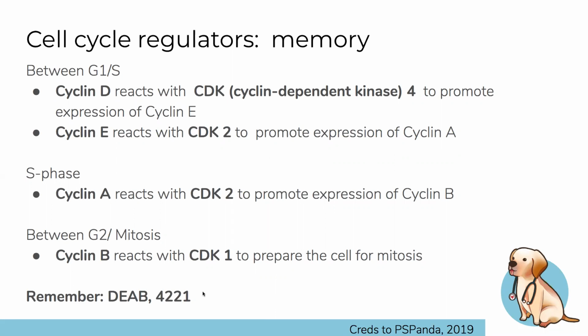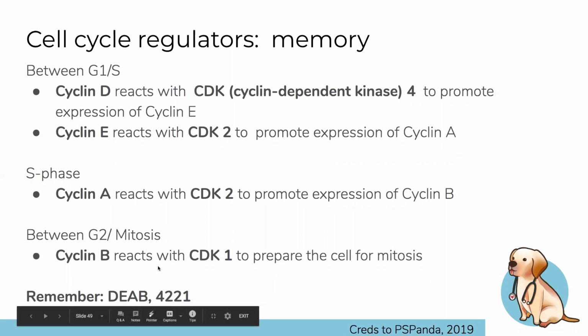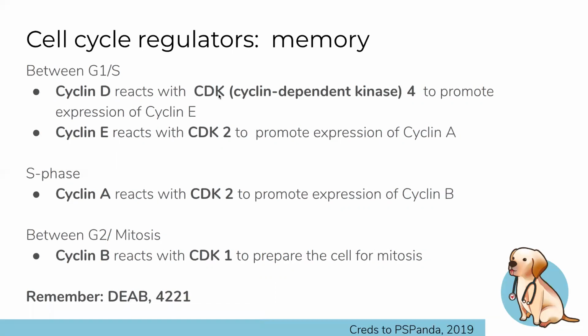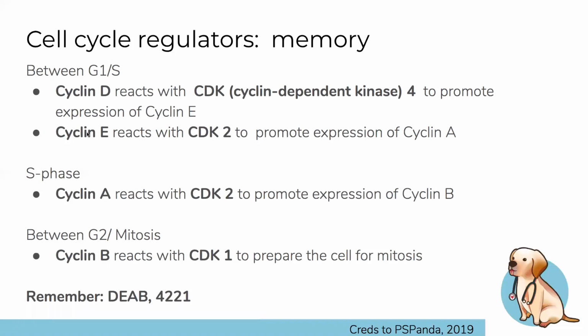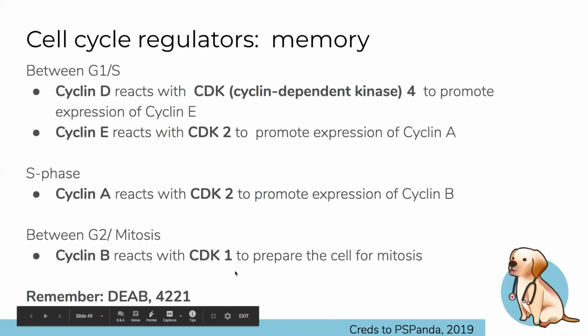This is how I learned it last year. Then you just remember how they line up: D reacts with 4 to produce E, and then E reacts with 2 to produce A. It's a zigzaggy kind of deal. You just have to look at it and remember it.